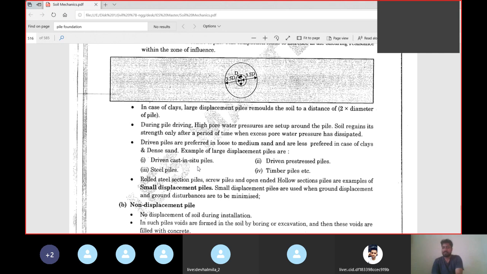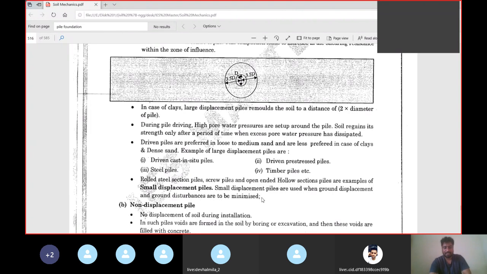Driven pre-stressed pile means by the action of pre-stressing, we are constructing our pile and driving it inside the soil mass. That's why they are called driven pre-stressed piles. Steel piles means the pile section is made up of steel. Timber pile means the pile section is made up of timber. And steel piles and timber piles come under this category of driven piles.